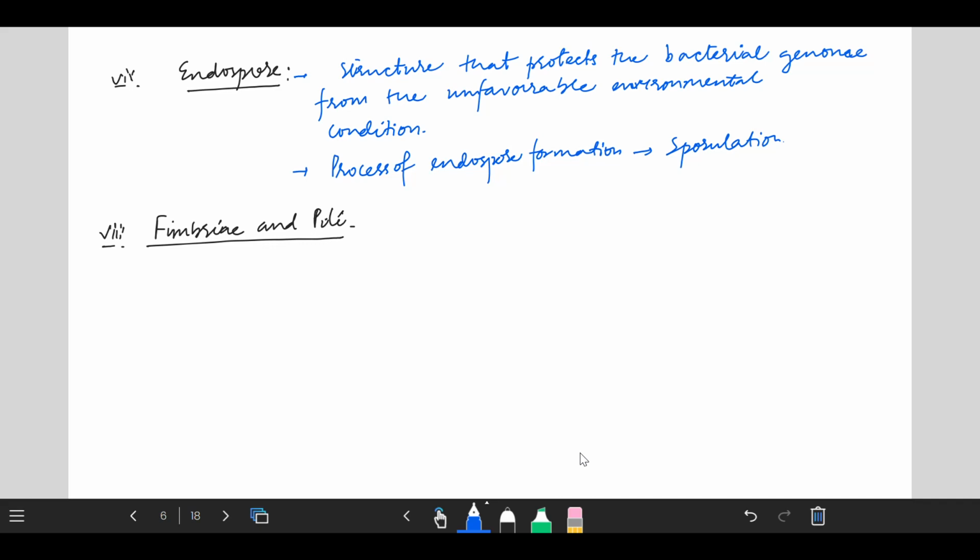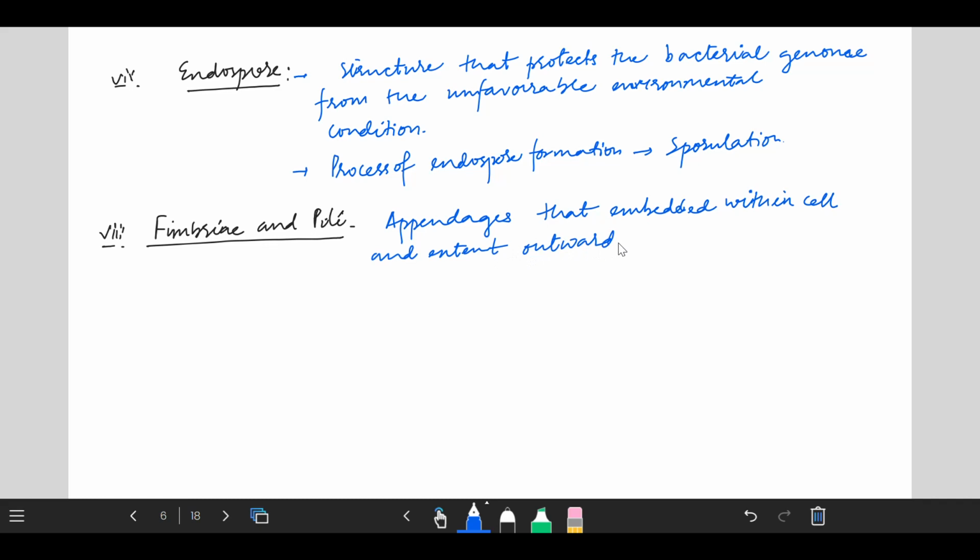These appendages can attach to other surfaces, transfer DNA, or provide movement. These include pili and fimbriae. So what are pili and fimbriae? These are appendages embedded within the cell that extend outward, which allows interaction with the environment.